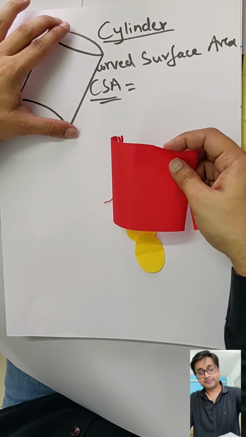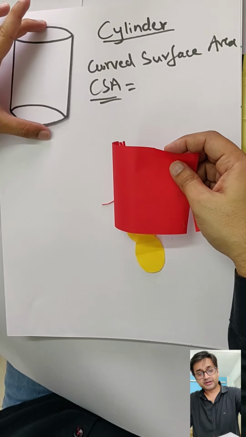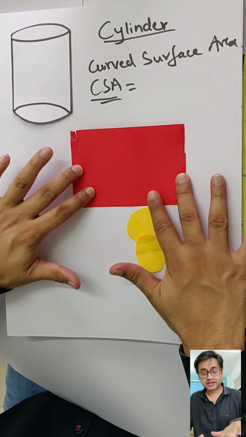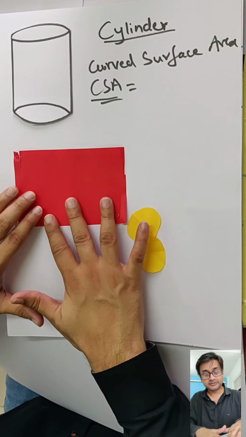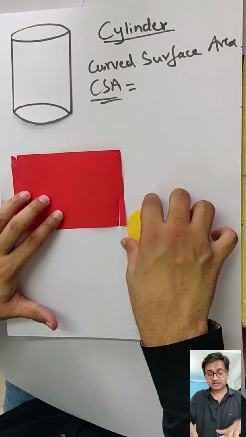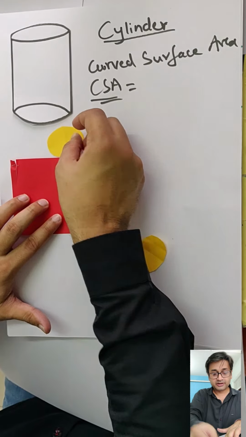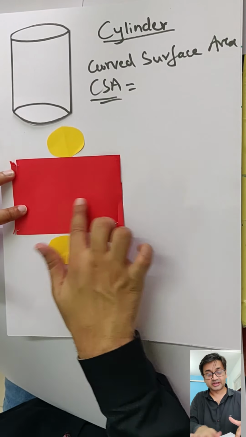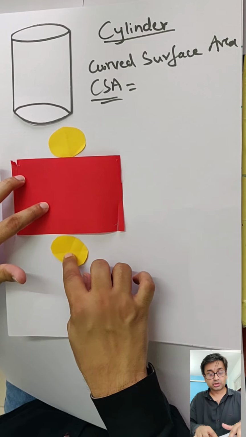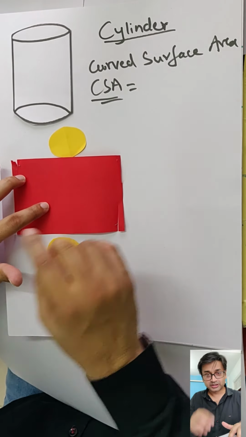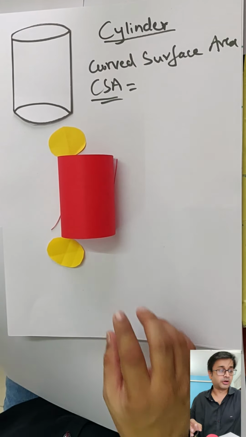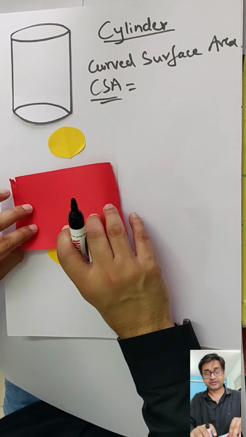That was a cylinder, and when I opened it, it becomes the shape of a rectangle. Can you believe it? It's a rectangle, this part, with one circle on top and one circle at the bottom. So that's your curved surface area, this. When you add these two to it, it will become total surface area. And then the space available inside is the volume. So first let's see curved surface area.